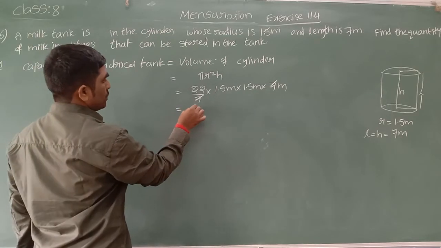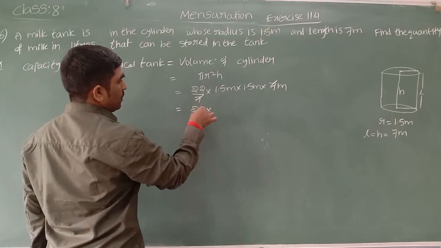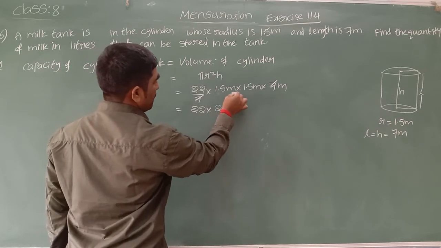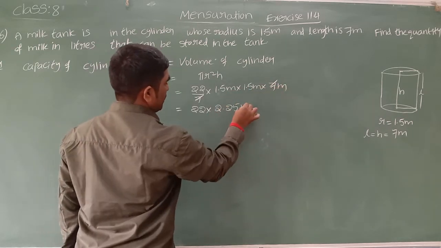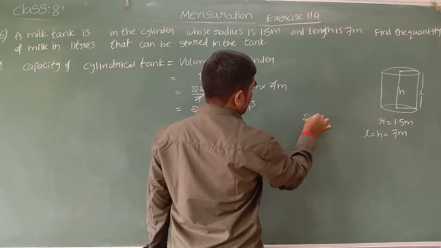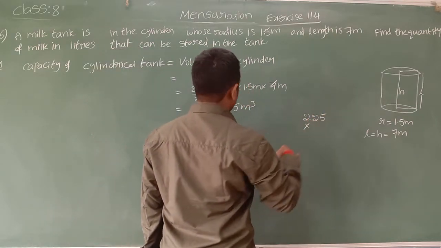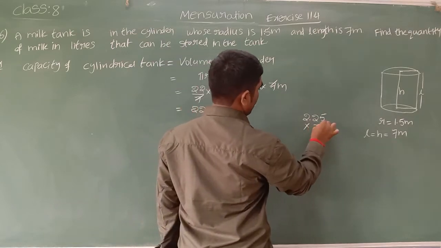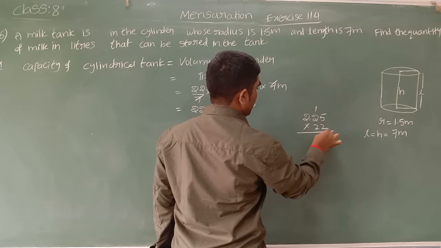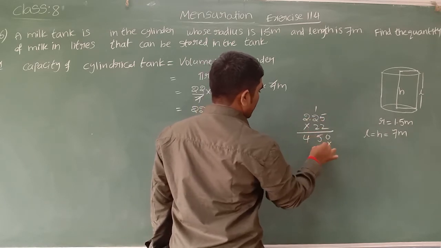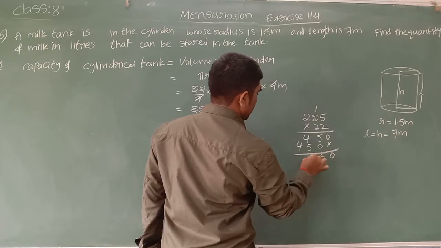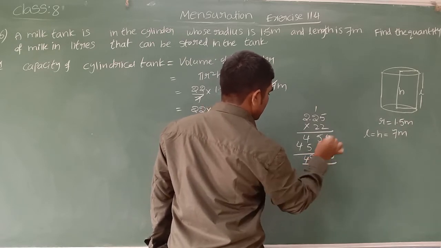So 22 into 1.5 into 1.5 gives 2.25 meters into meters into meters, which gives cubic meters. Now multiply this, 2.25 into 22. 2 5s are 10, 0 carry 1. 2 2s are 4 plus 1 is 5. 2 2s are 4. Again we get the same, 0 5 9 4. How much did I get, beta?